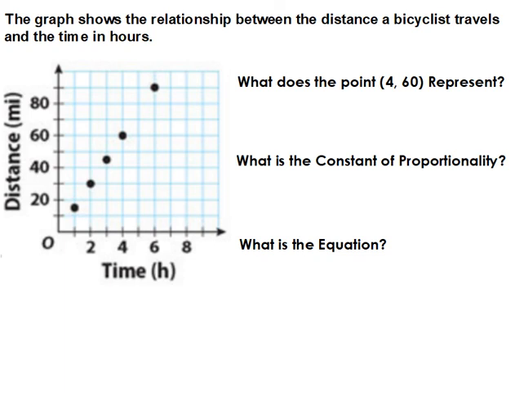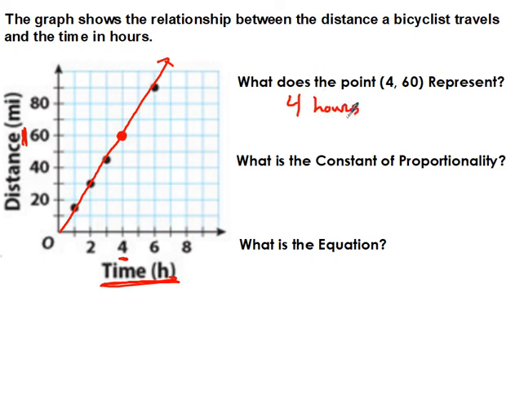Okay, so I got the point (4, 60). First, we know it's proportional: it's a straight line that goes through the origin. Now I have the point (4, 60) right here. What does that represent? Well, that represents 4 hours, and it represents 60 miles. So that shows that in 4 hours, the bicyclist traveled 60 miles.